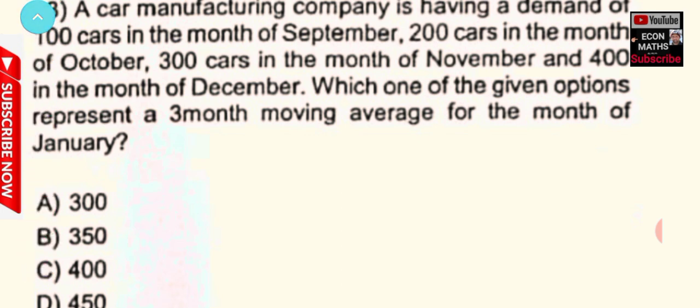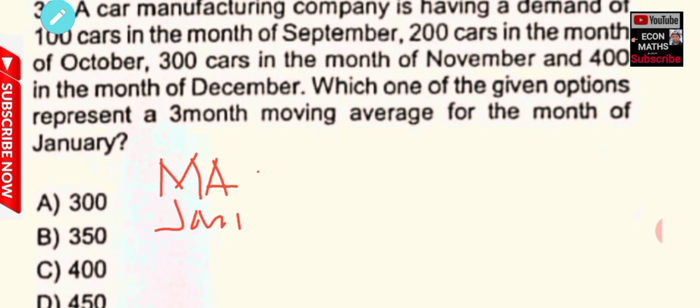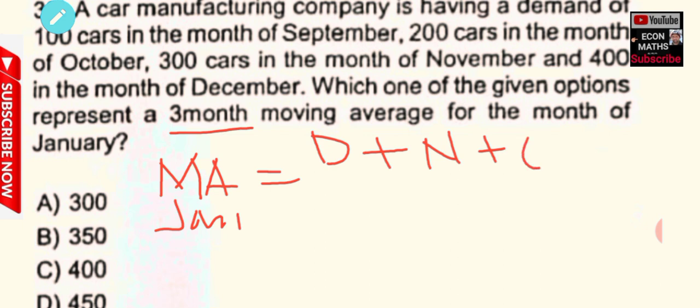For the moving average for January, we have to see the last 3 months, that is December, November and October, because it tells us 3 months moving average. So we have 3 as the denominator.